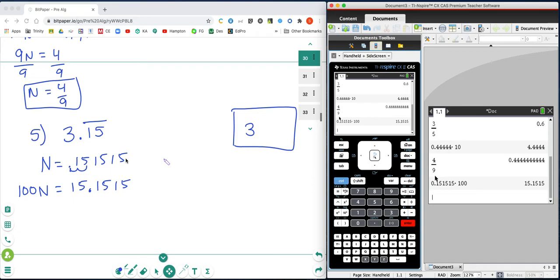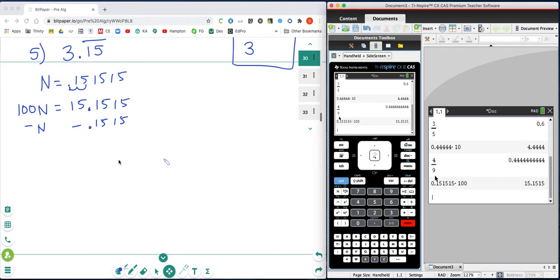All right, so now I need to subtract off all of the repeating digits. So that means I'm going to take 1n away because 1n equals 0.15, 0.15, 0.15. So I'm going to subtract 0.15, 0.15. That's going to leave me with 99n is equal to 15 because all of the repeating digits subtract off.